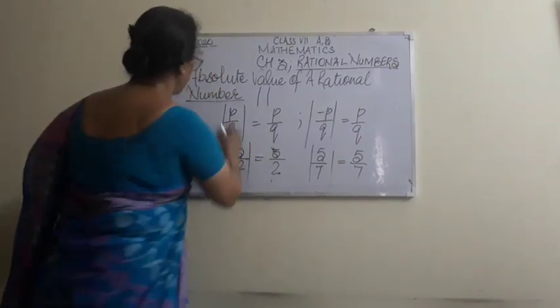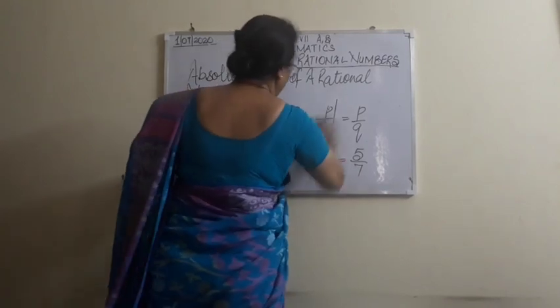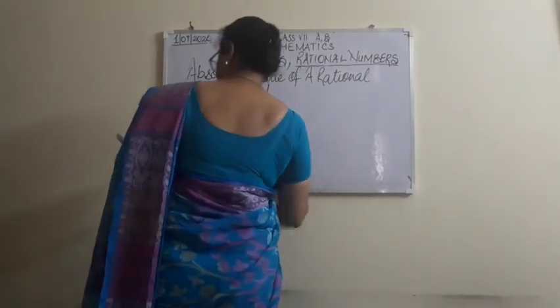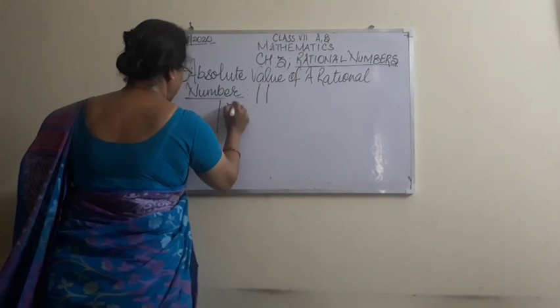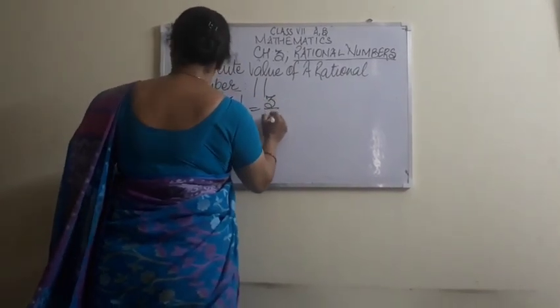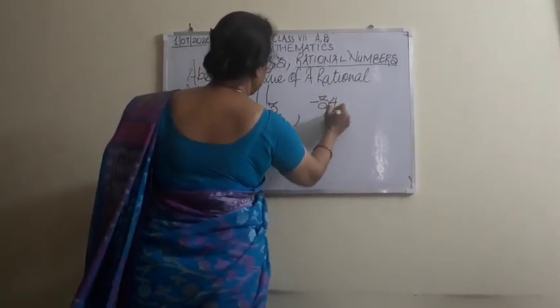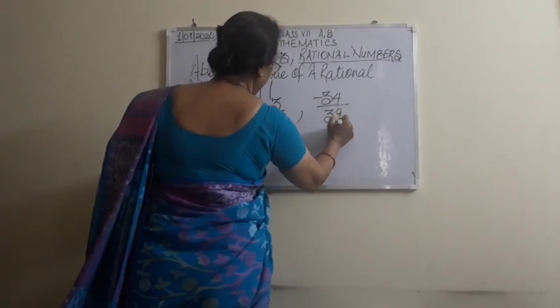Now I am taking the example given in your book. Write down the absolute value of 3 by 5. What will it be? It will be equal to 3 by 5. Next is minus 34 by 39. What I told you?